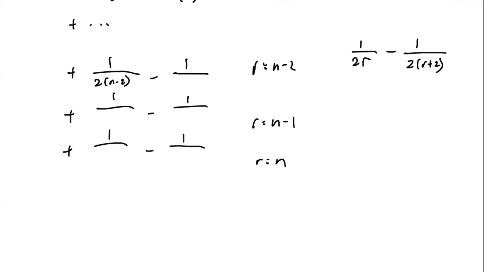Then 2 times bracket r plus 2. So it's just 2 bracket n minus 2 plus 2 is just n. Then after that, you just have to add 1 to it. So 2 times n minus 1, 2 times n plus 1, 2 times n, 2 times n plus 2. Inside the bracket, plus 1, plus 1.